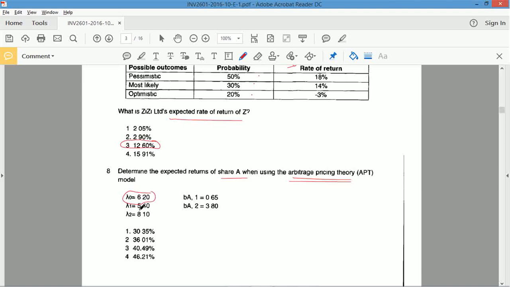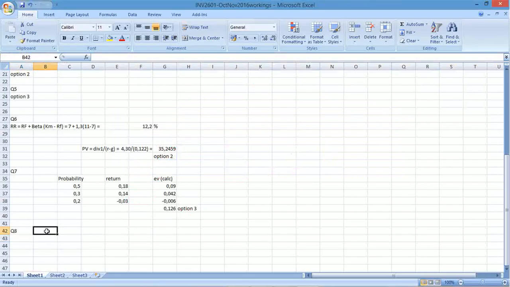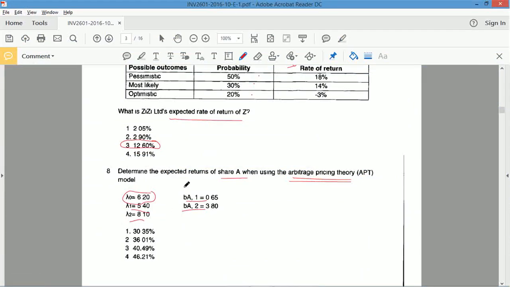It's almost like CAPM, and then you've got these different measures in terms of beta as well as the return. It's almost like a derivative of the CAPM equation, where they've used a different investment theory to calculate an expected return.